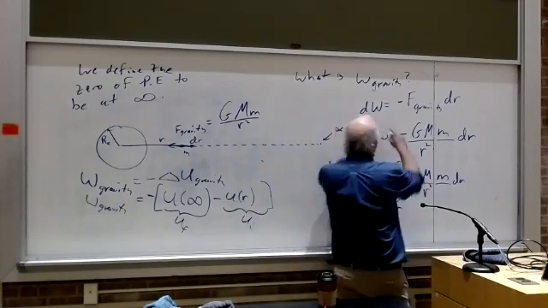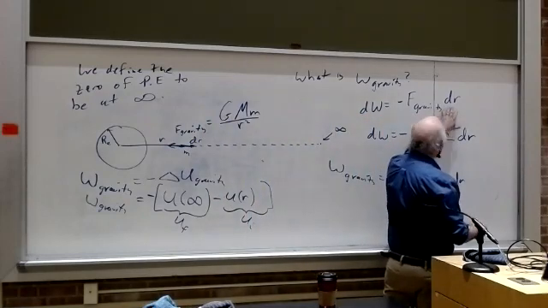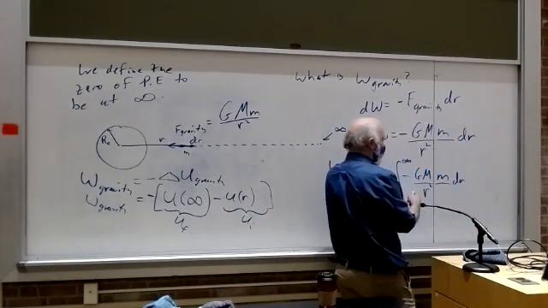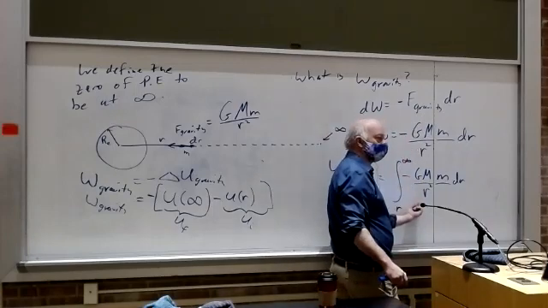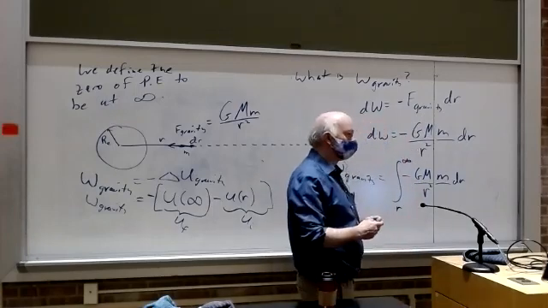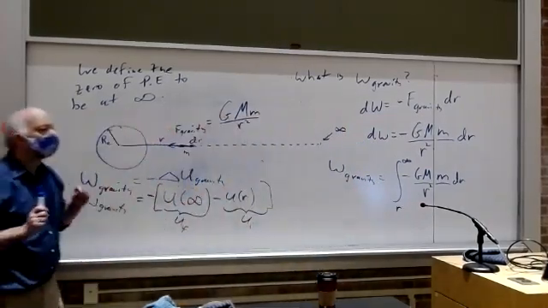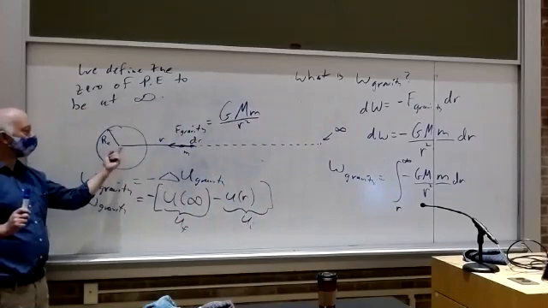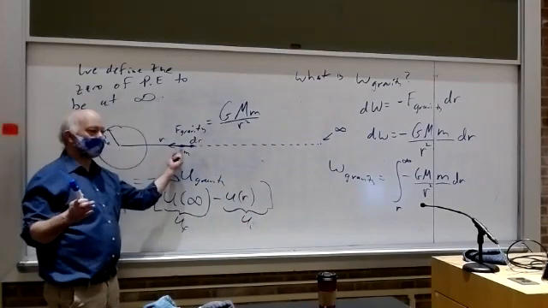This right here, okay, so your tiny work is your force times your distance. But what is the force of gravity? The force of gravity is this guy here. So that's your tiny work here. So then the total work is integrating all these little contributions. Now, where would r be 0 here? That'd be right here. The r goes from the center of the Earth, or whatever planet you're on, out to this point here.